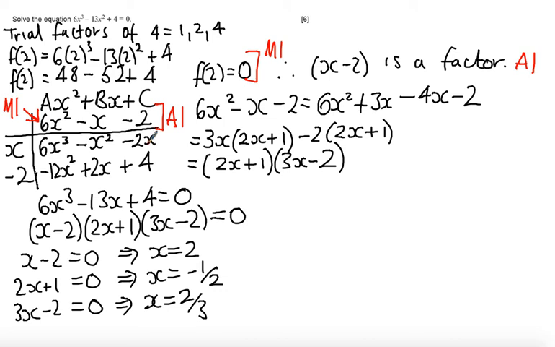Next, if you have managed to factorize your quadratic to get the 2 other brackets, you can have another answer mark. And then finally, you get your 6th and final answer mark if you have stated that the solutions for the equation are x equals 2, x equals minus a half, and x equals 2/3. Okay, well I hope you understood my explanation and you understood how to mark that question.